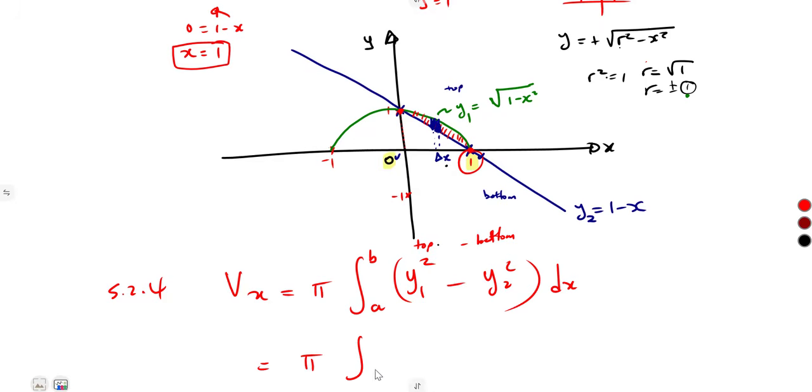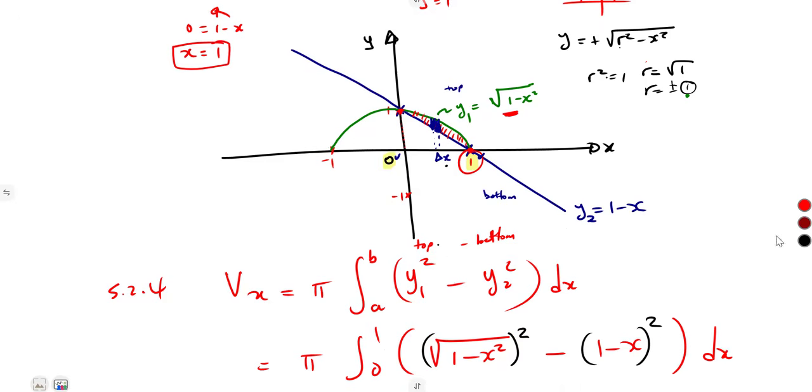So let us integrate this part, y1, the top, the square root of 1 minus x squared. But it must be squared. You must square it. All right. Minus y2 squared, the bottom one, 1 minus x. But we must square it. So this is it.